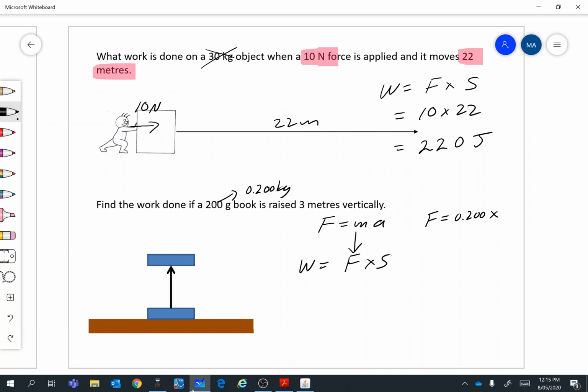Well, there's the clue. What on earth is acceleration? When you're on Earth, acceleration due to gravity is 9.81 meters per second per second. So you would need to accelerate the book against gravity at that same rate in order to make the book go upwards. Okay, so it's quite a tricky one there, but these do come up occasionally.